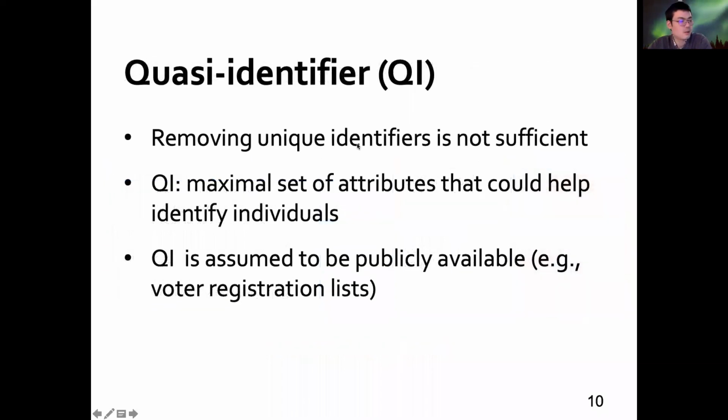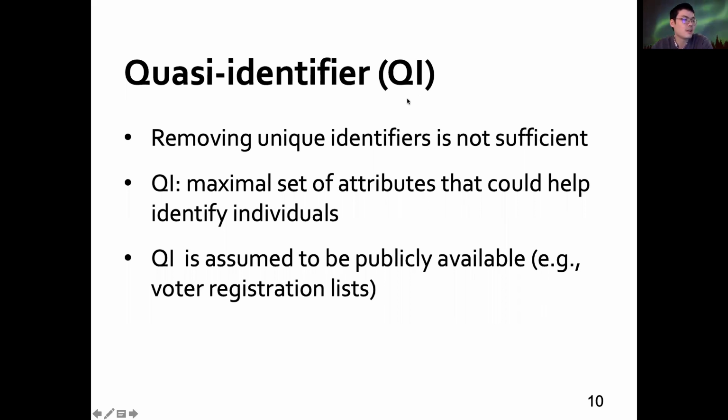So why can these things happen? This is because we have the so-called quasi-identifier. Identifier, we all know what an identifier is. If you learned relational databases, you know there is a primary key. You can remove that identifier, like the ID, or a unique ID like your student ID or your name.